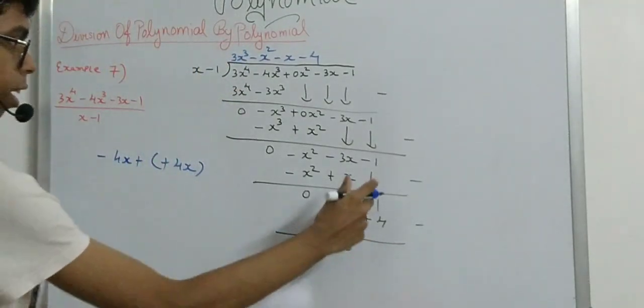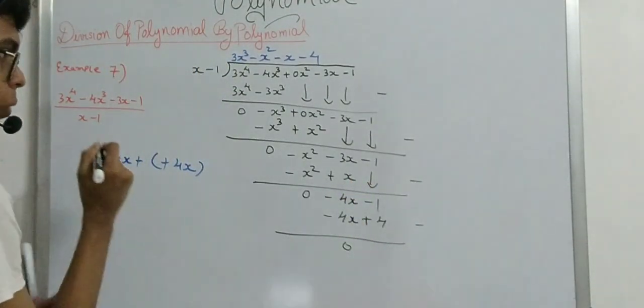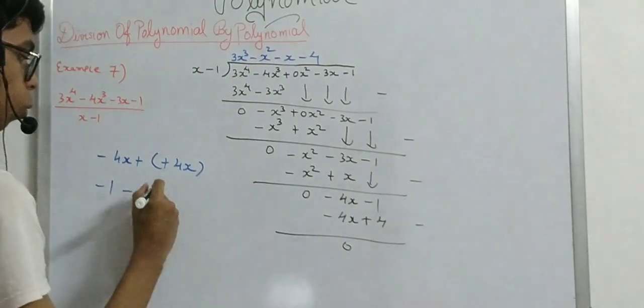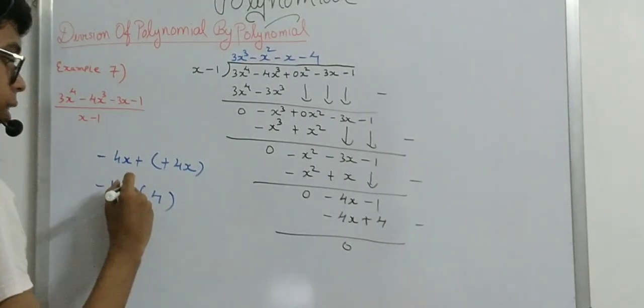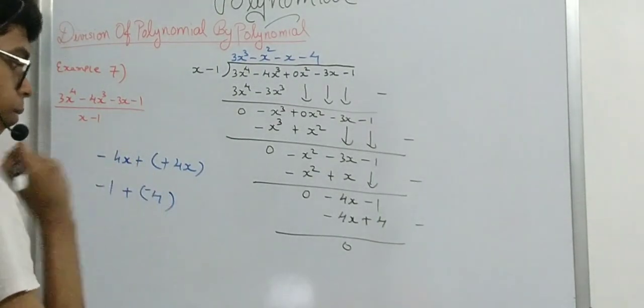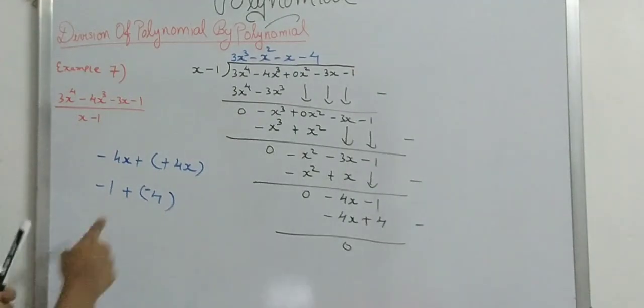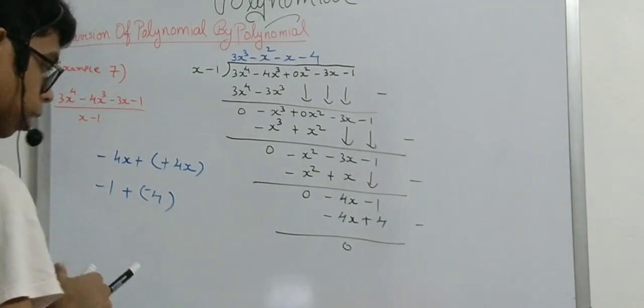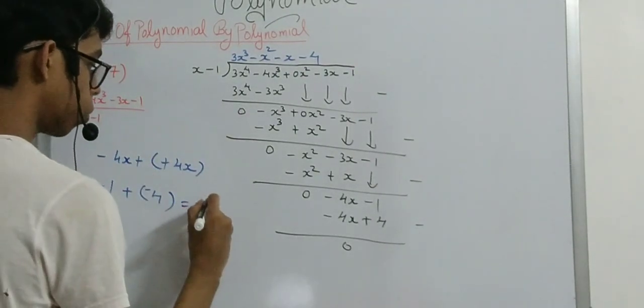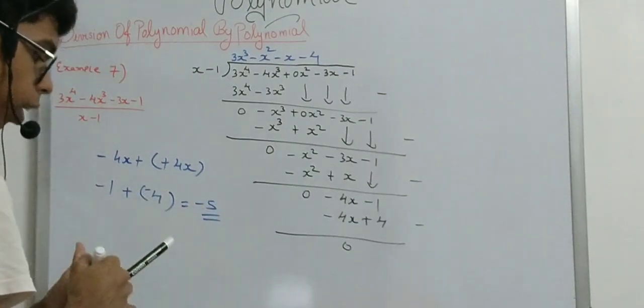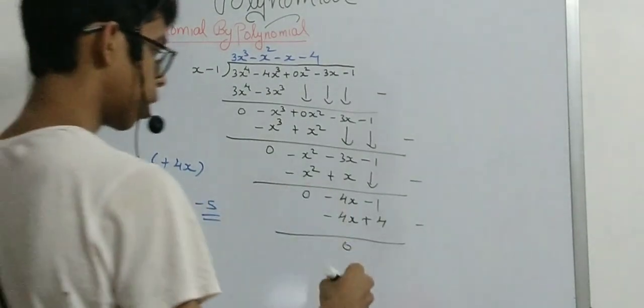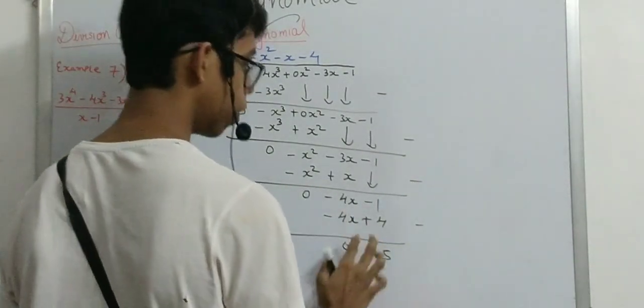Now what is that? Minus 1. Minus 1 minus of 4. When you do, this becomes plus, this becomes minus. So minus 1 plus minus 4 is equal to what? It is equal to minus 5. So that minus 5 you should write over here.